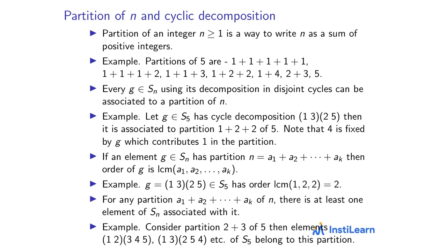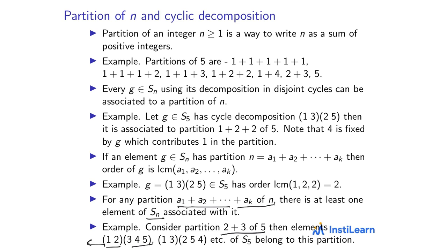And of course, take any partition A1 plus A2 plus dot dot dot AK of n. You can always find an element in Sn, that is a permutation, which is associated with this partition. For example, take the partition 2 plus 3 of 5. In fact, you can find many elements in S5 which are associated with this partition. For example, (1 2)(3 4 5).